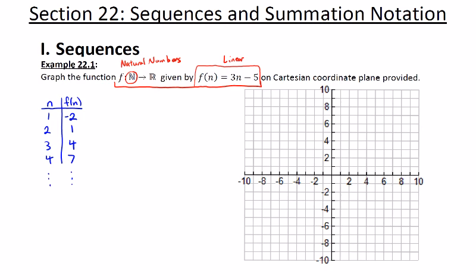So coming over here to the graph, I'm going to plot these points, and if I plot them correctly, I should be able to see a linear pattern because we addressed that the equation was in fact linear. But there is, of course, going to be one major difference between the linear equations we saw back in section 6 and what we're going to be seeing here.